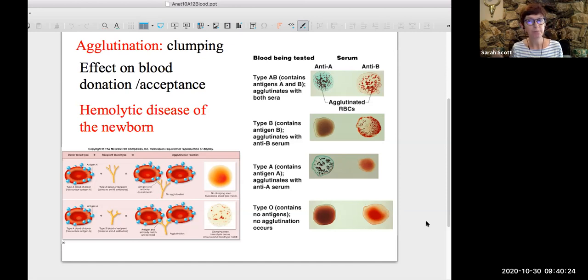And now the plasmacytes make antibodies. Right. So as soon as I put your type A blood into someone who is blood type B, they will make antibodies. They don't have them yet. They will make them. And so it takes a while for that reaction to occur.